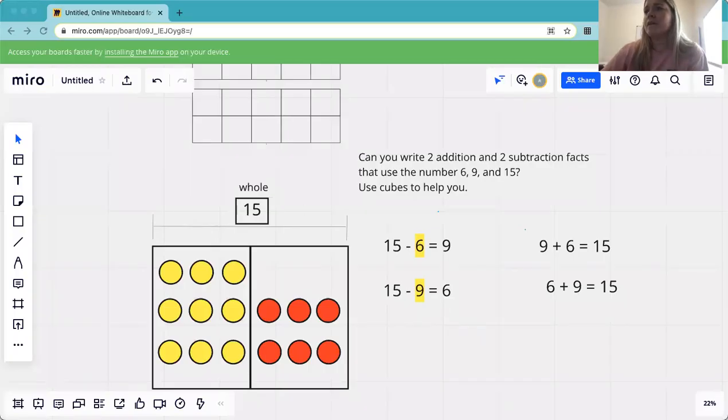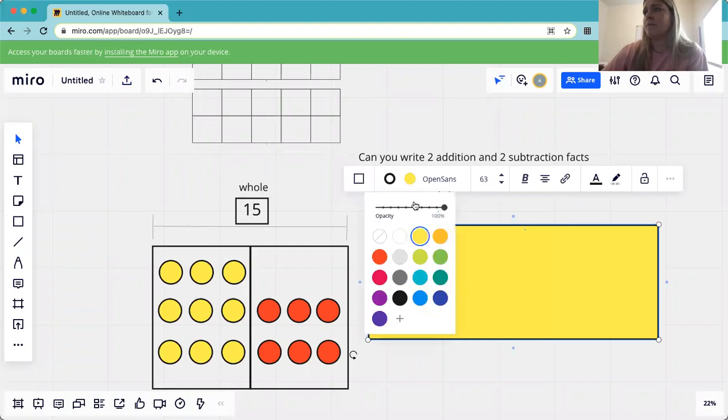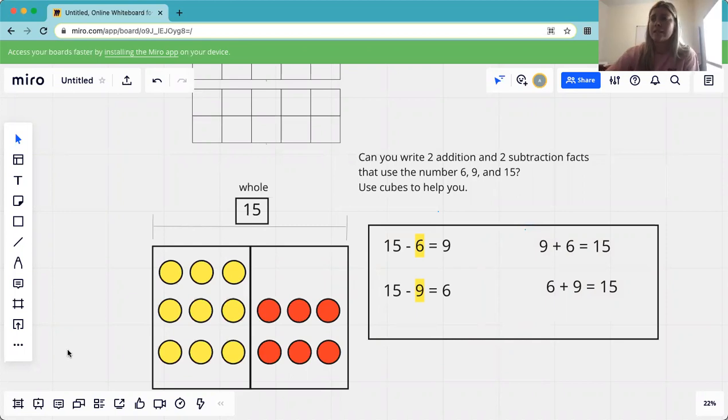So all of these equations that we just saw right here, all of them, they're called fact families. So all of these equations use the same numbers and they are related.